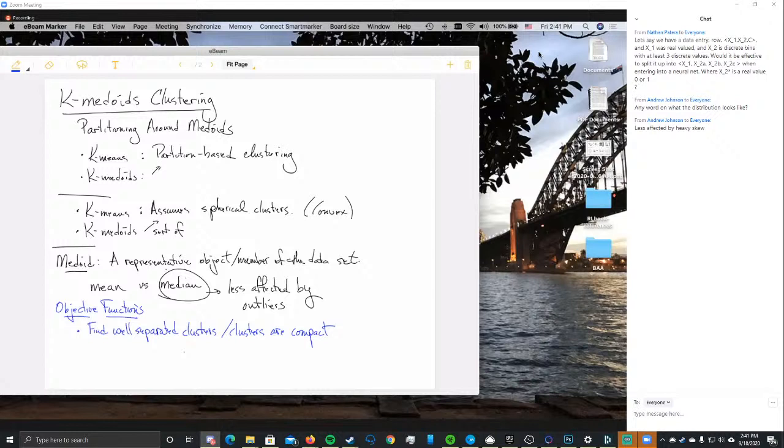Okay, so with k-means, we can define something that we're going to call distortion.